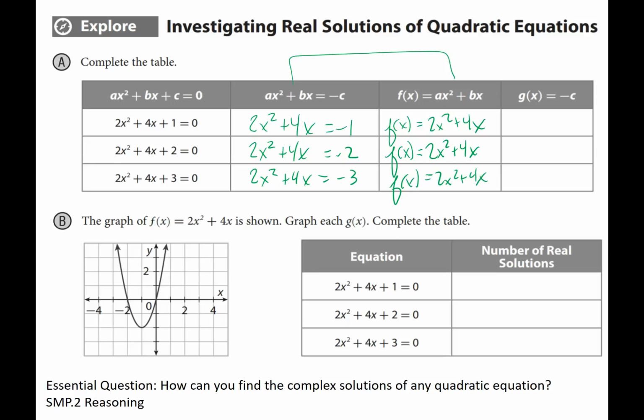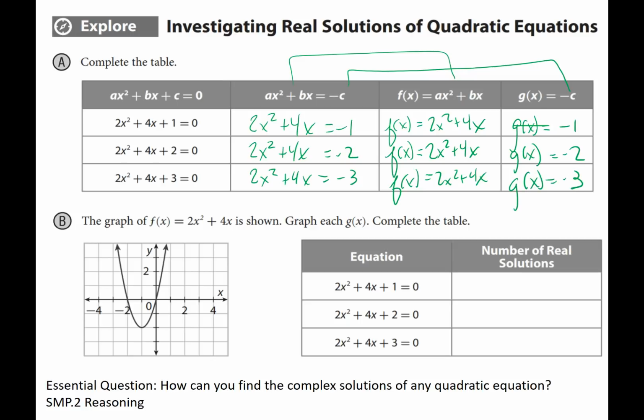Interesting, they're all the same. The only thing that differs, it looks like, is the c value. So they're saying that the other side is going to be a second function, g of x. So g of x equals -1, g of x equals -2, and g of x equals -3.